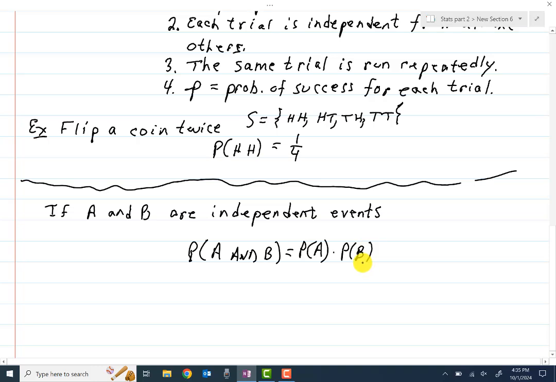So I want to do this problem up here in a different way. The probability of HH is the same as the probability of H on the first coin and H on the second.